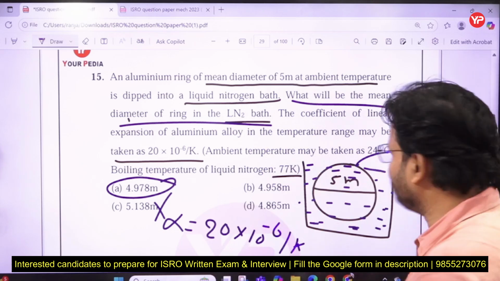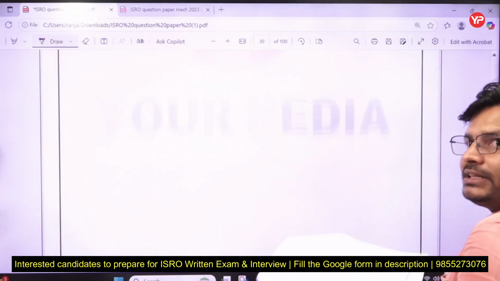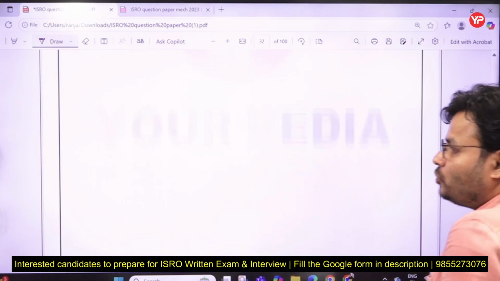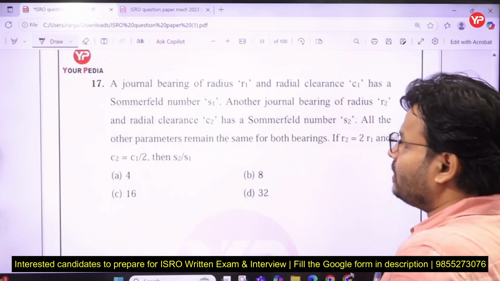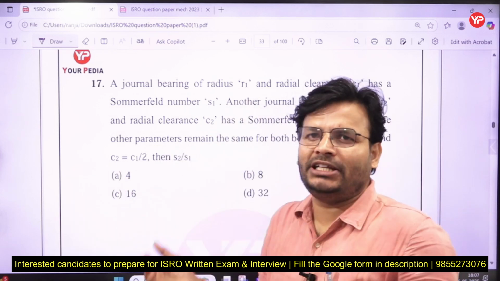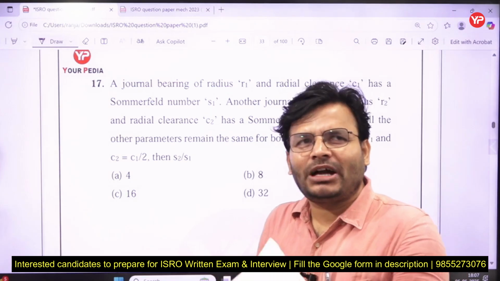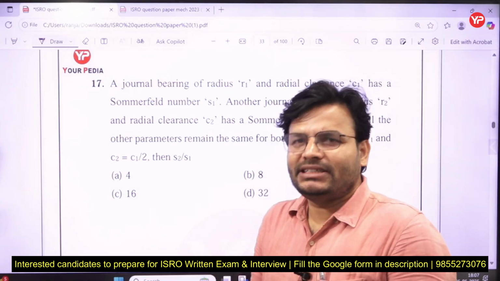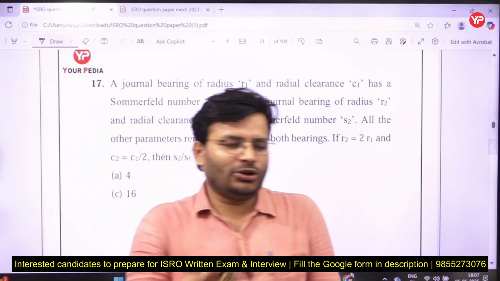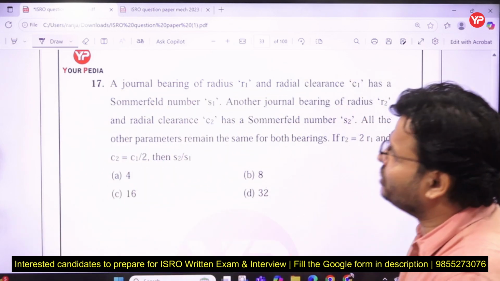Keep in mind how you have to proceed. The main thing in this question is cooling down: if you cool anything, its diameter decreases rather than increases. This is called cryogenic, like cryogenic fuel, the thing which exists at a very low temperature. The cryogenic concept is also there. Okay, that is the next question, my dear friends.